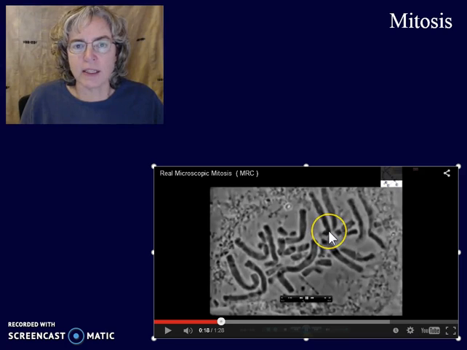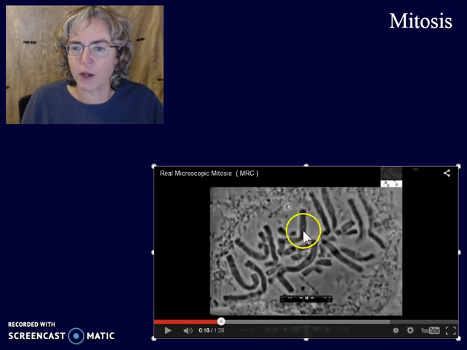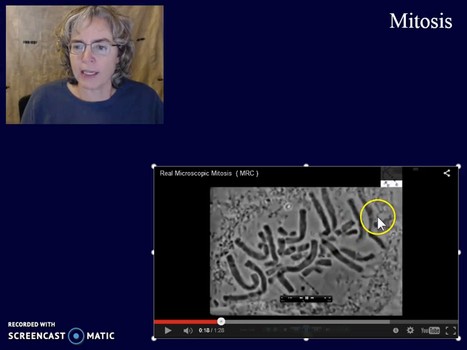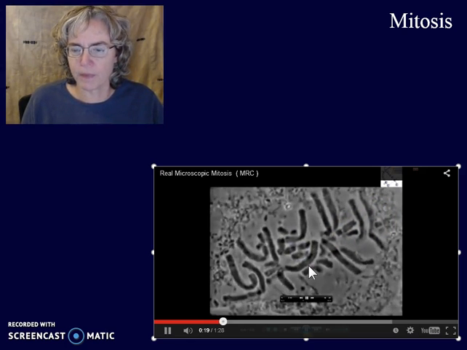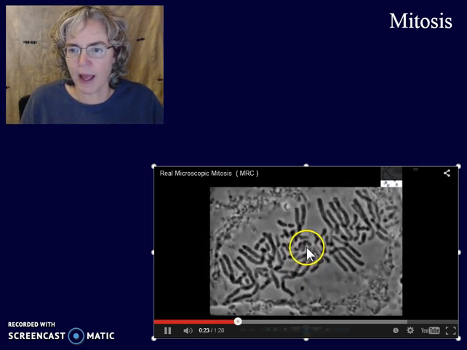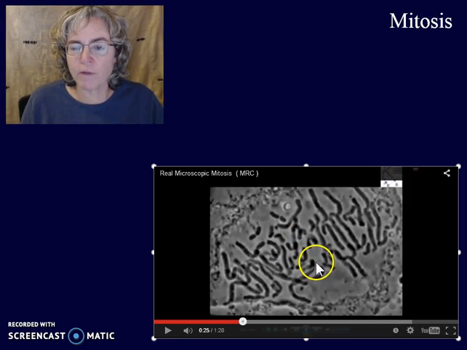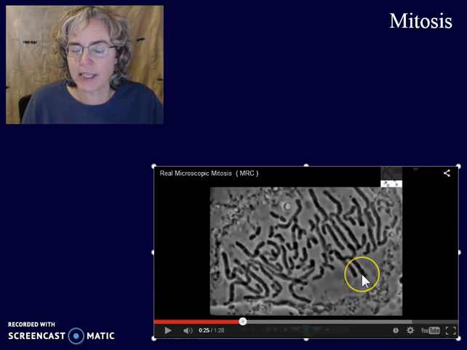So the center of these chromosomes are all along this line right here, and you can see the ends of the chromosomes are all kind of going every different direction, but the centers are all lined up on this line. And that's getting ready for these sister chromatids now to separate.